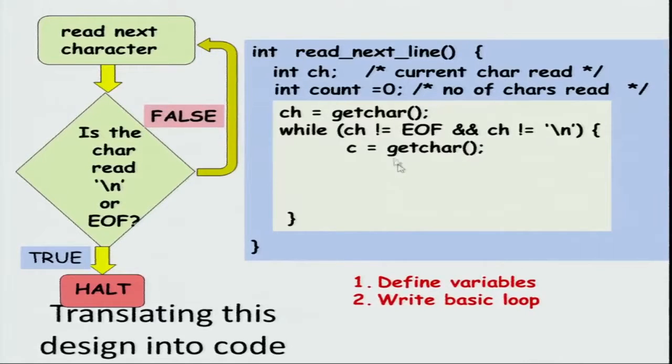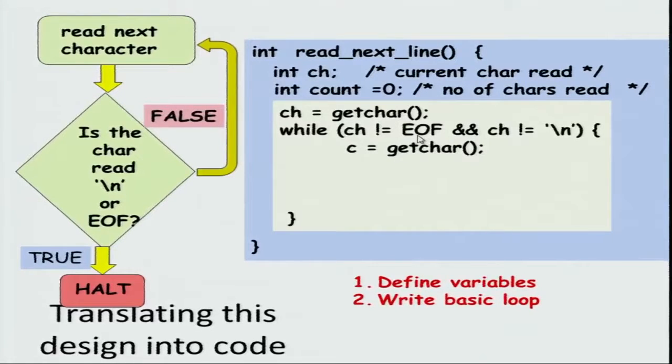is that getchar returns an integer. This is a technicality because end of file is -1. ASCII characters, if you remember, go from 0 until 127 or something like that, whereas end of file is defined to be -1.